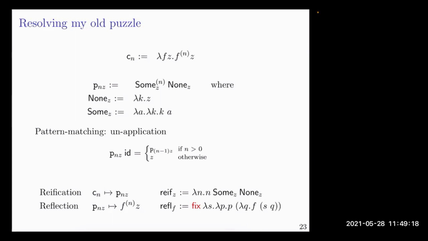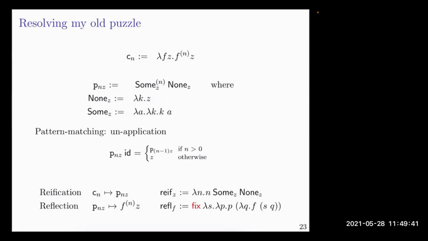Where none is, well, actually, these are the same expressions we saw before in the optimized version. So none z is kind of the exception, and some z is this one. Why are they useful? Well, P_n z and C_n, at least f^n z, they're isomorphic, right?